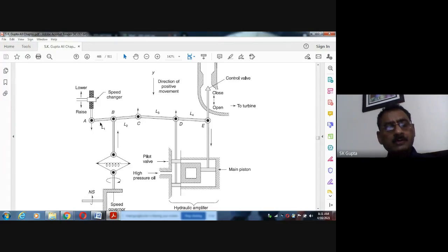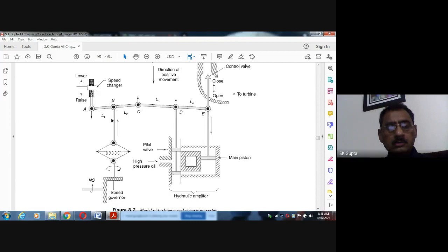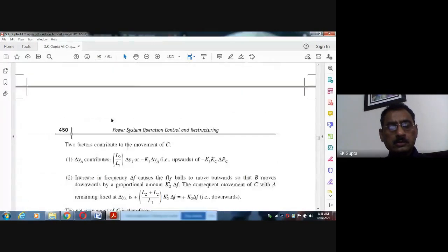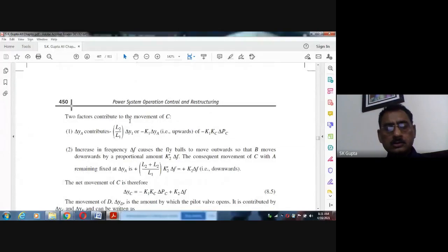So YV divided by L1 is equal to YC divided by L1 plus L2. Okay. So it means YC is equal to (L1 plus L2) divided by L1 into YV. Is it clear? Everybody, is it clear? Yes, sir. This we have written here.